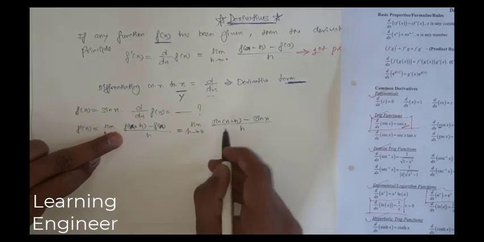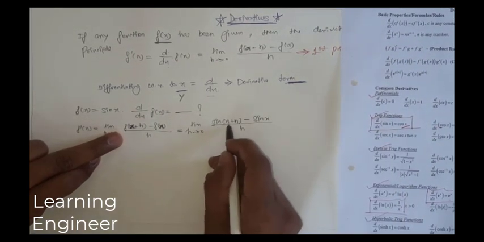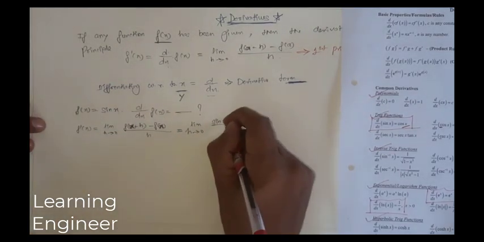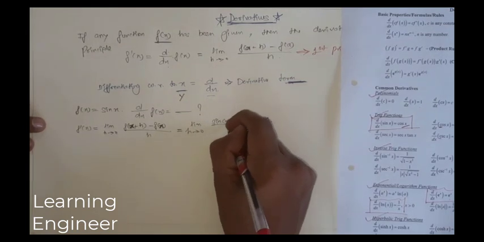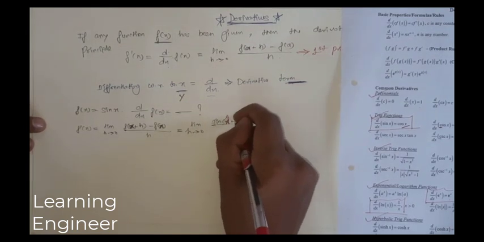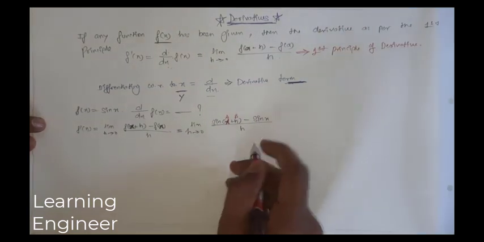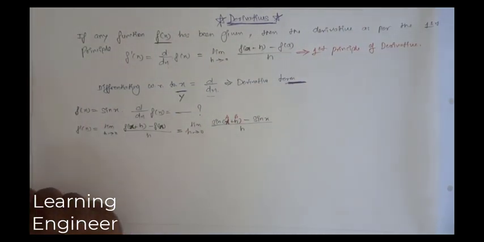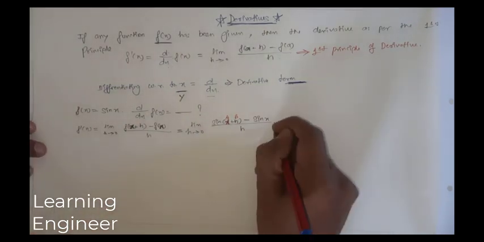Now we can apply sin a plus b. This is sin of x plus h, so this x can be treated as a and this h can be treated as b. What is the value of sin a plus b? Sin a cos b plus cos a sin b. So by using that rule we can break this.